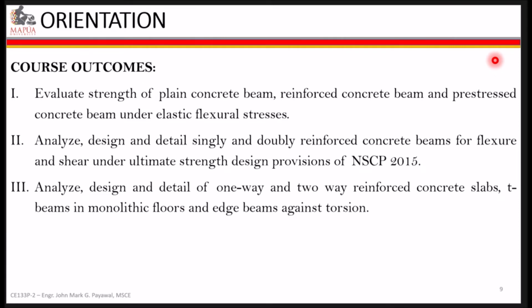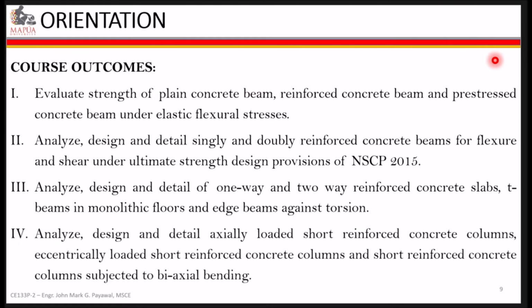Number 3, analyze, design, and detail one-way and two-way reinforced concrete slabs, T-beams in monolithic floors, and edge beams against torsion or twisting. Number 4, analyze, design, and detail axially loaded short reinforced concrete columns, eccentrically loaded short reinforced concrete columns, and short reinforced concrete columns subjected to biaxial bending.